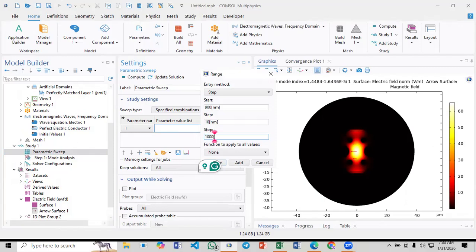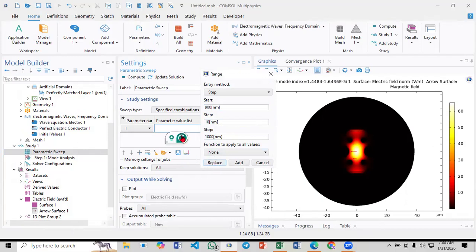Then up to 1000 nanometer. If you choose 1 nanometer as the step size, then your work will be kind of errorless. But if you use a 10 nanometer step size, then you will not get a perfect result, but you will get the idea.